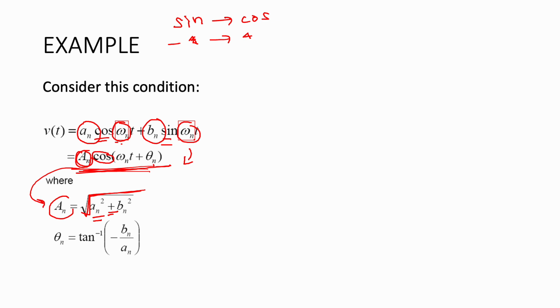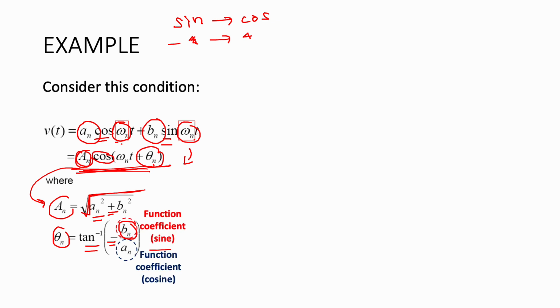And how about the phase? To get the phase, we need to use tangent inverse, in a bracket. Don't forget the negative here. So it's going to be Bn over An, where Bn is the coefficient for sine, and An is the coefficient for cosine.